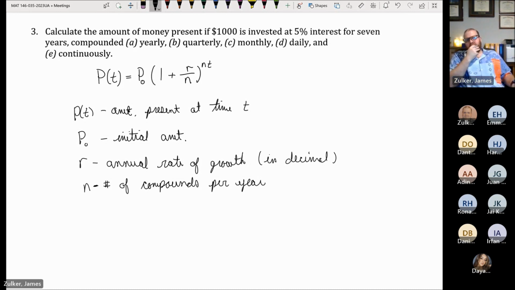In this problem, we are asked to consider a principal amount of $1,000. The rate of return is 5% annually.